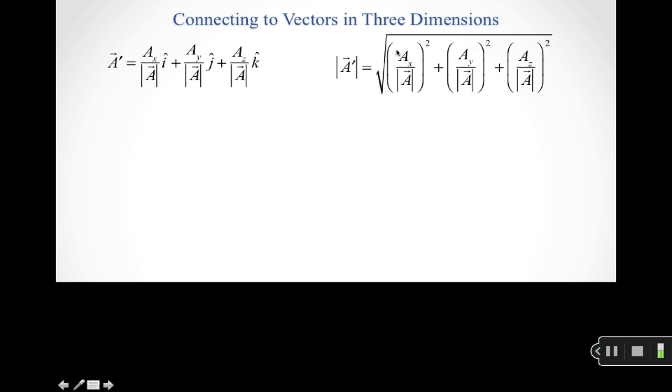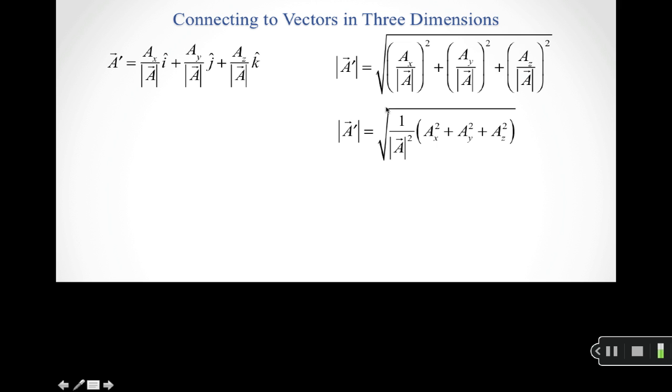What you'll notice is, basically each of these terms is going to have a 1 over magnitude of A squared that I can factor out. And so when I factor out, I've got the square root of 1 over the magnitude of vector A squared times x component squared plus y component squared plus z component squared.